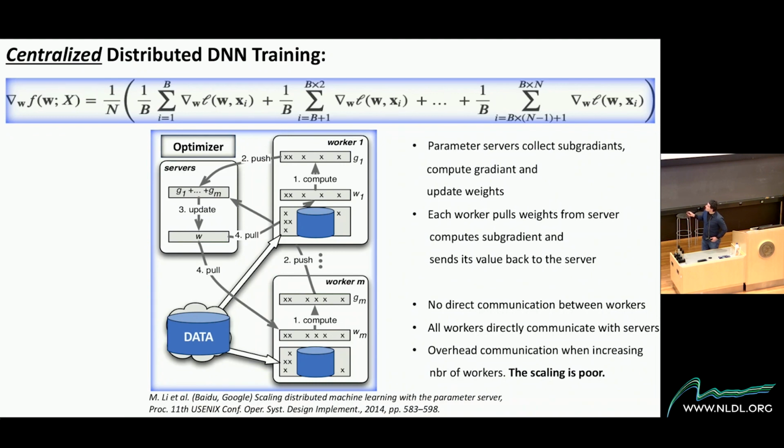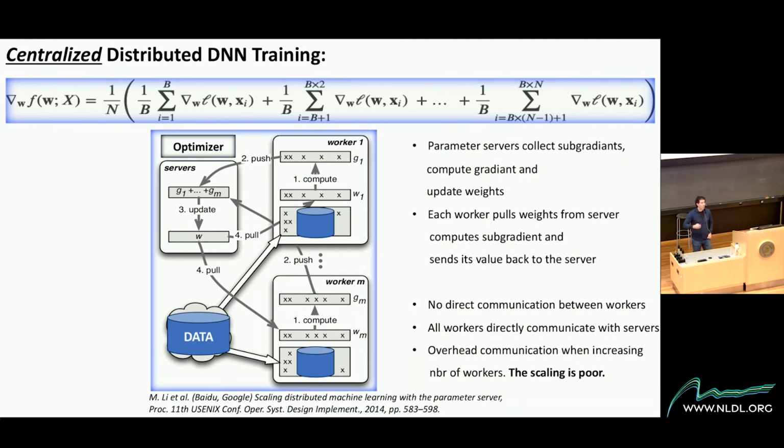Each worker will send their computed gradient to the server. For instance, worker 1 computes gradient 1, worker 2 computes gradient 2, and so forth. Now the server will aggregate all these gradients in order to compute the total gradient. By computing the total gradient, it will update the weight and then go back again.